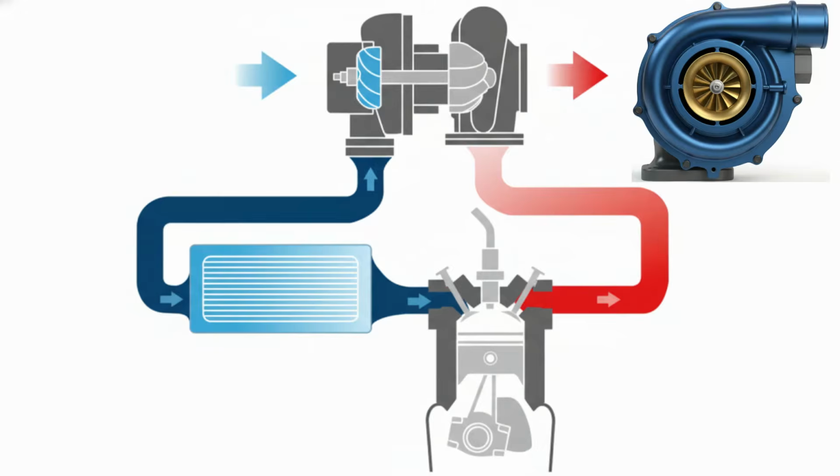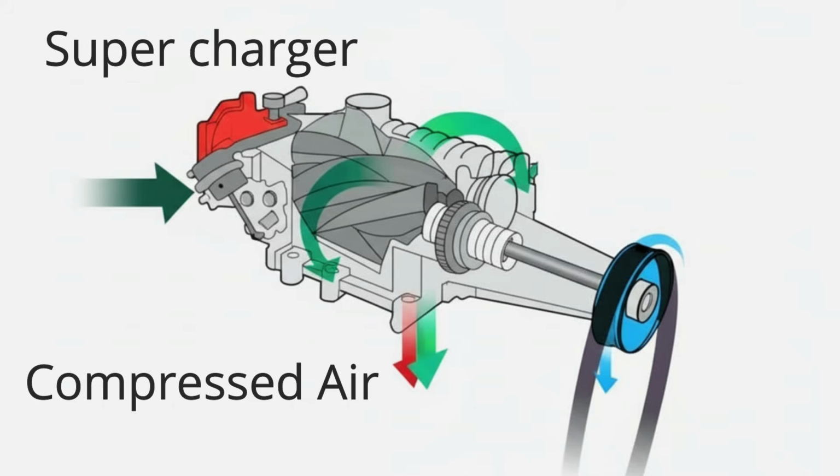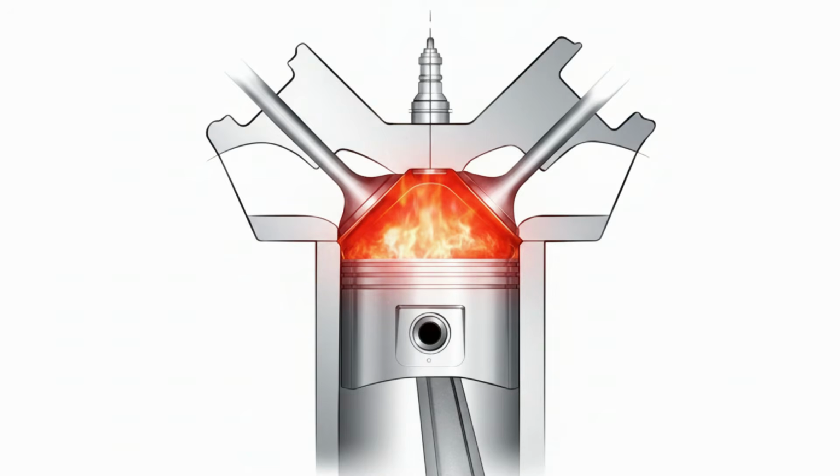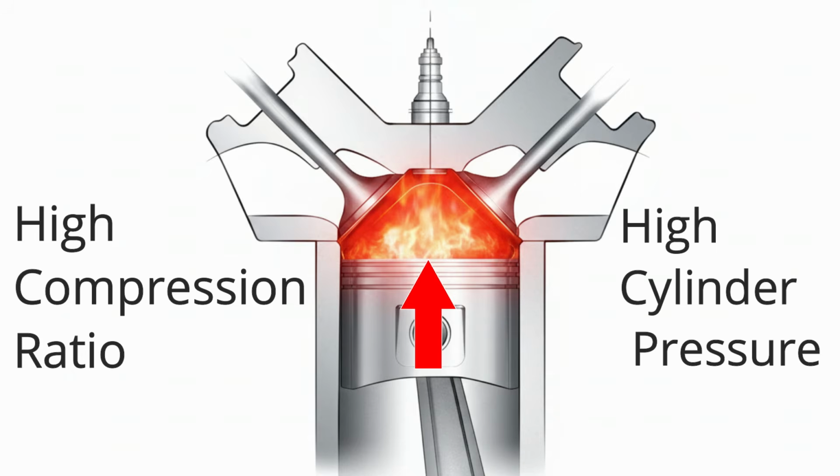Engines with turbochargers or superchargers usually have lower static compression ratios than naturally aspirated engines. This is because forced induction already compresses the air before it enters the cylinder. If the compression ratio were too high, cylinder pressure would become excessive.